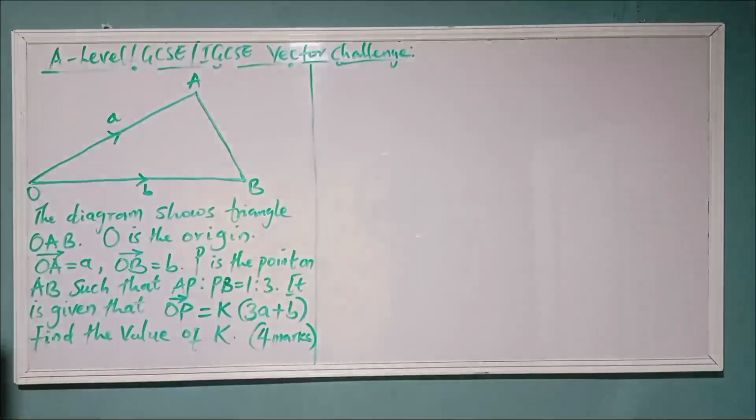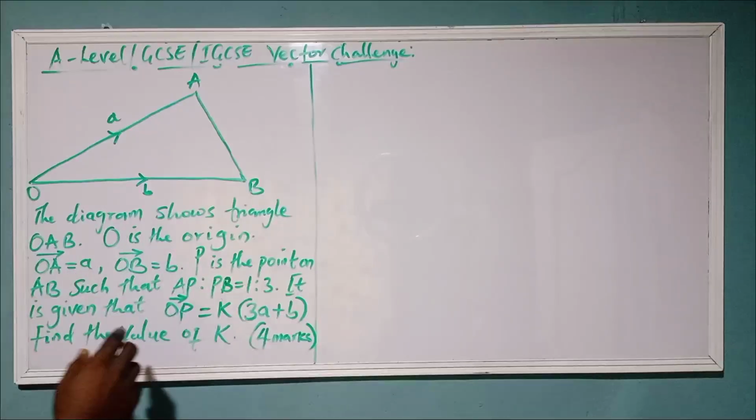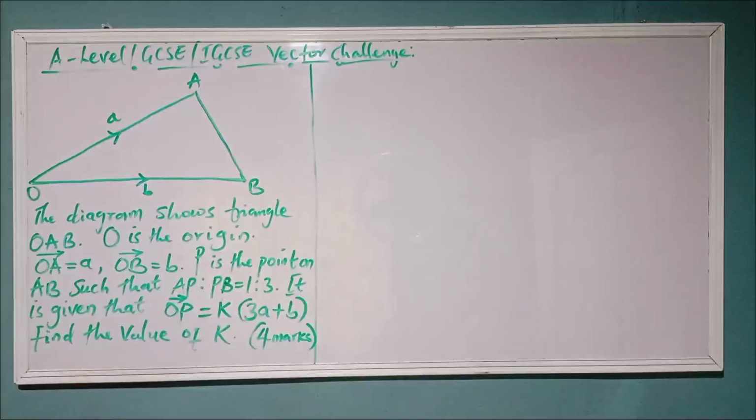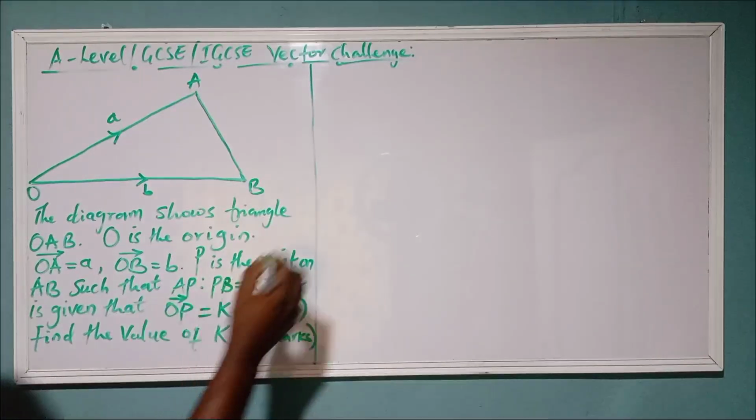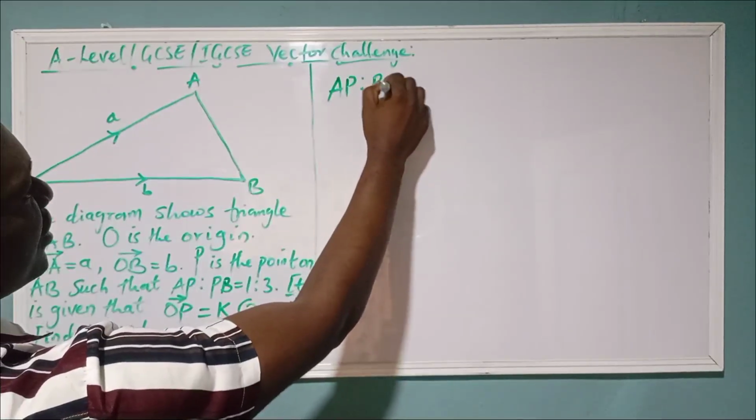Alright, so to work this out, first of all, you have to find the vector AB first. If you look at our bone of contention, it's at this place where they say AP is to BP is equal to 1:3.